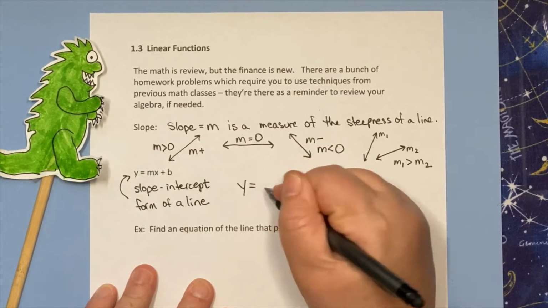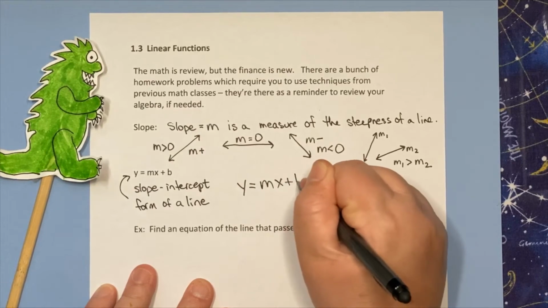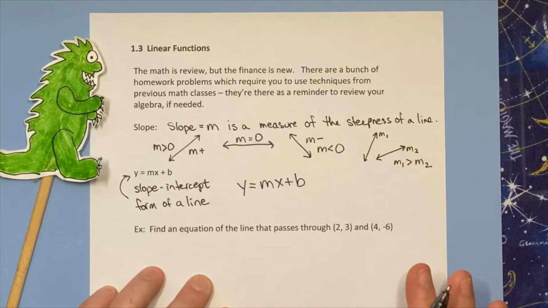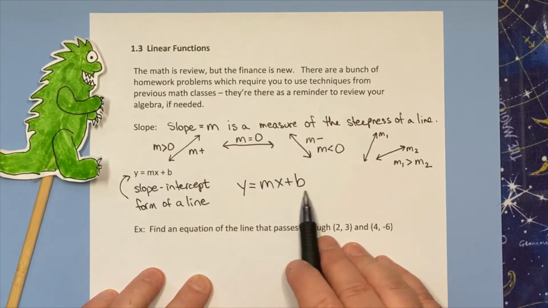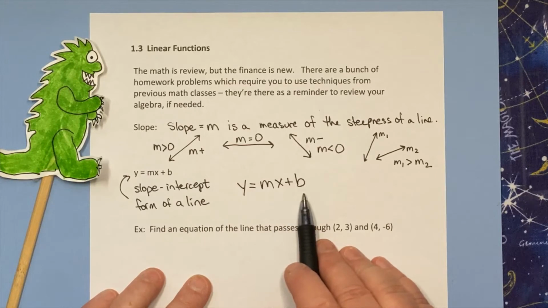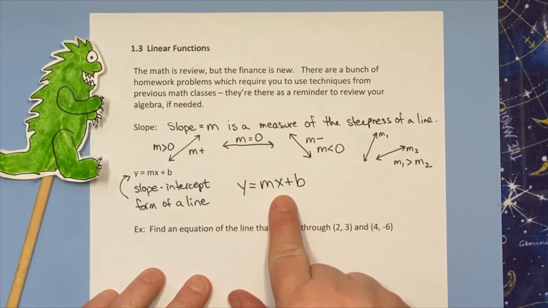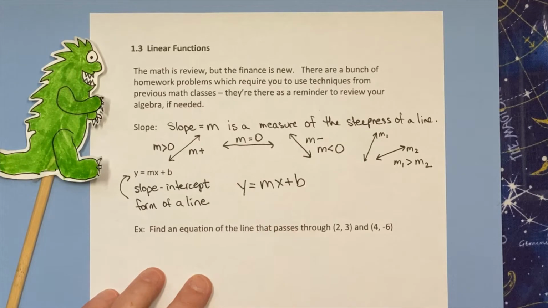Well, if we've got y equals mx plus b, any linear equation can be put into this format as long as it has a y and an x. So as long as there's a y and an x, doesn't matter where they start out, doesn't matter what numbers are involved, we can rewrite it like this as long as it's a linear equation.